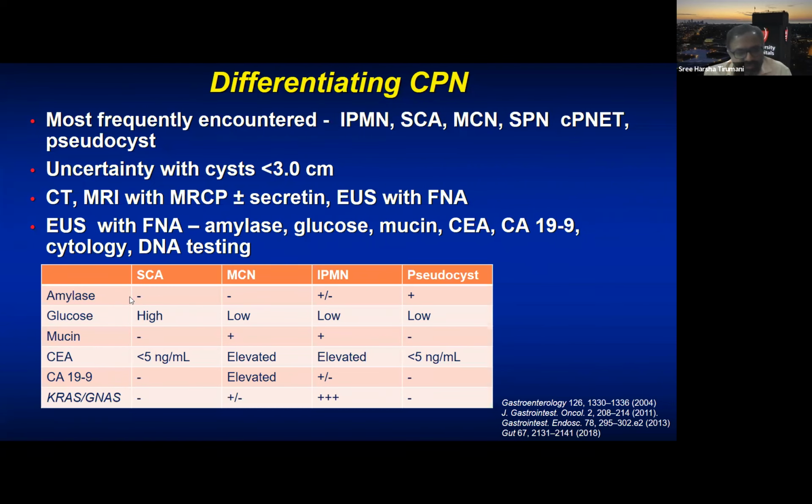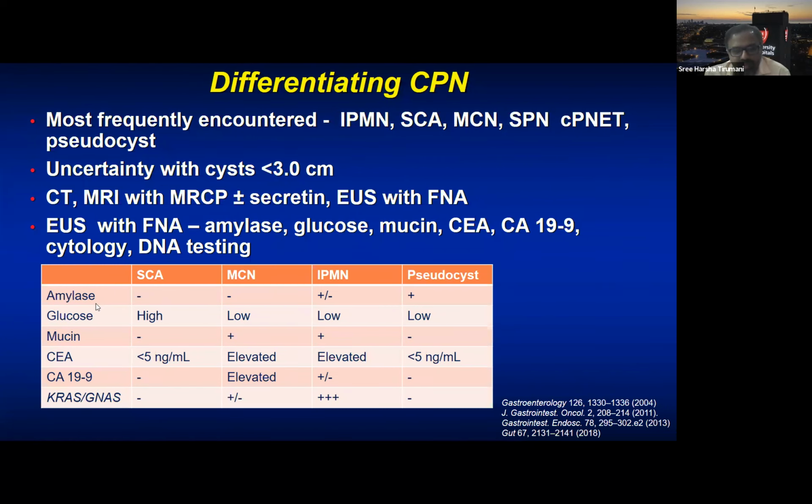And now this has become more and more streamlined. Whenever an EUS and FNA is done by the gastroenterologist, the fluid is sent for analysis. In addition to cytology, some biochemical analysis is also done, and that really helps many times. So when we do our multidisciplinary team meetings, this information is available for practically every patient who undergoes the EUS, because that basically tells us whether to do a follow-up or just stop any further imaging in a patient.